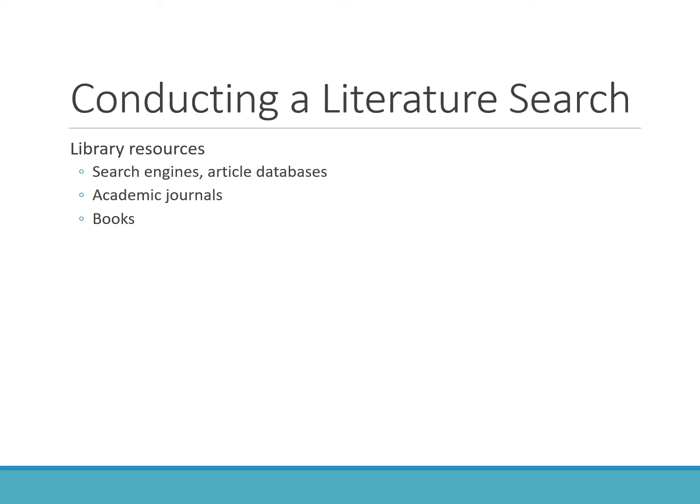Peer-reviewed empirical research is published in academic journals, and we have a great library website that gives us access to all kinds of academic journals. So this is really the best resource. The library also offers books, which some students use, but certainly the majority of new research is published in these academic journals that are readily accessible online.